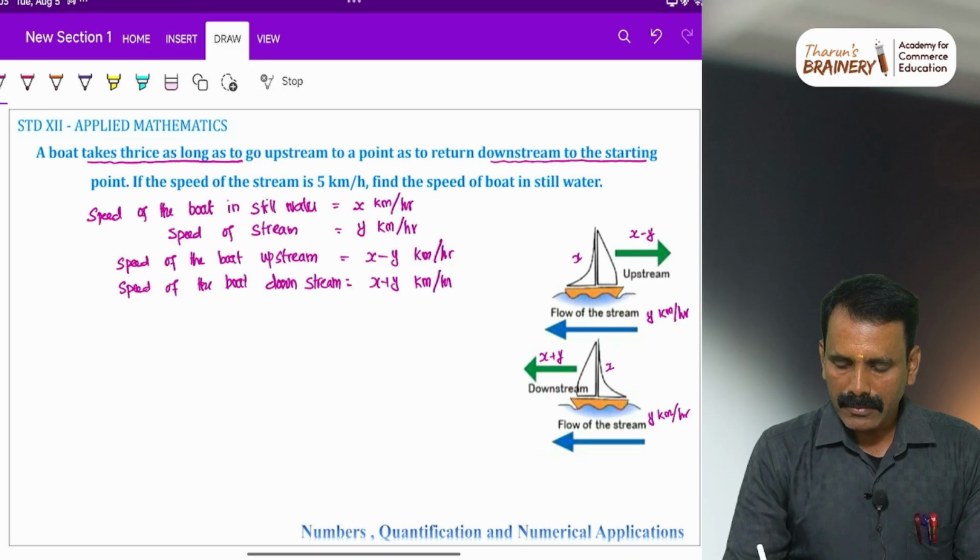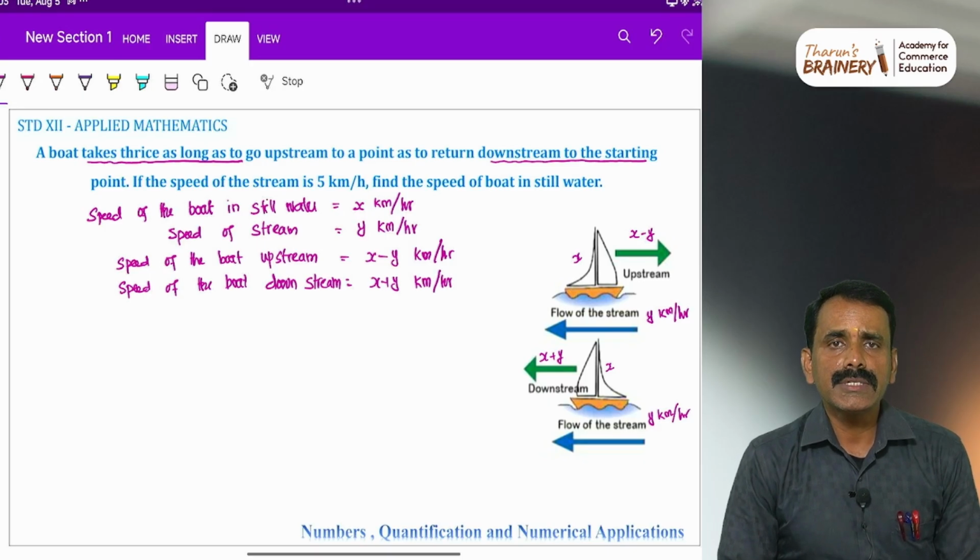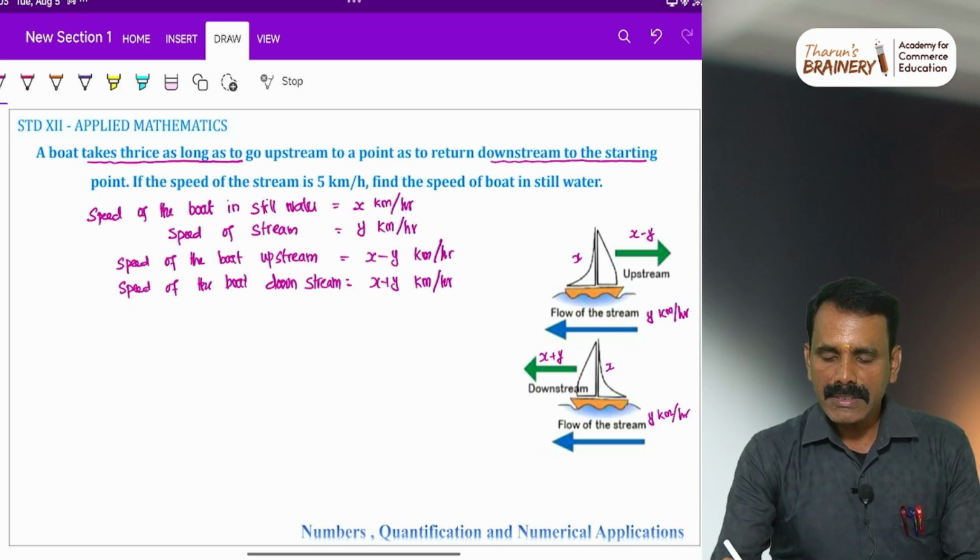km per hour. Now we have the relation between the distance, speed and time taken. So distance covered is equal to speed into time.